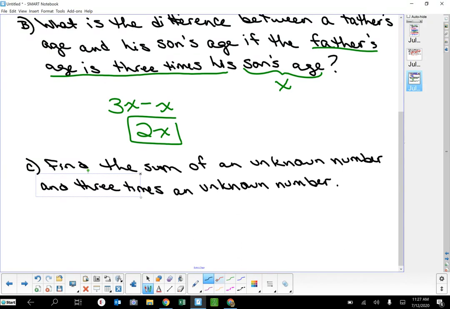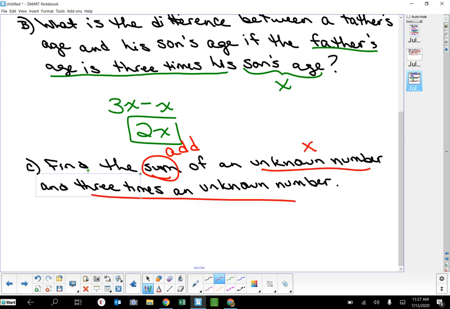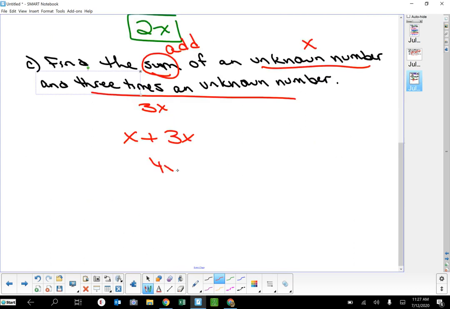Okay, so find the sum. This tells us we're adding. And find the sum of an unknown number. Well, that's going to be x. And 3 times an unknown number. Well, that's going to be 3x. So we're going to have x plus 3x is 4x. So we don't know what the unknown number is. We're not being asked to find that. We're being asked just to find the sum.